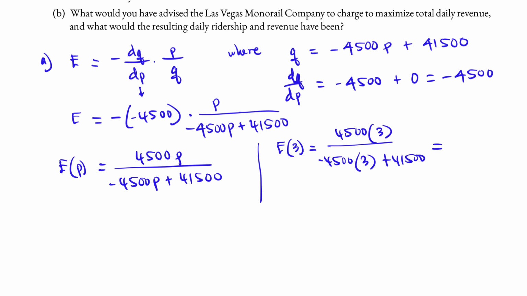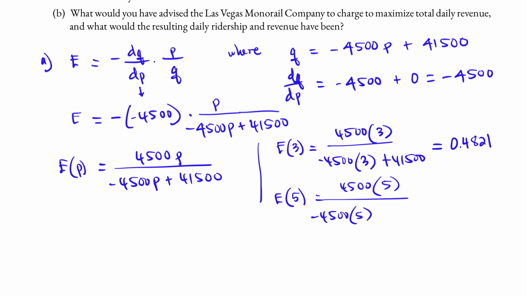Using a calculator to evaluate this, we will get 0.4821. Similarly, we find the elasticity when the price is 5: 4,500 times 5 over negative 4,500 times 5 plus 41,500.